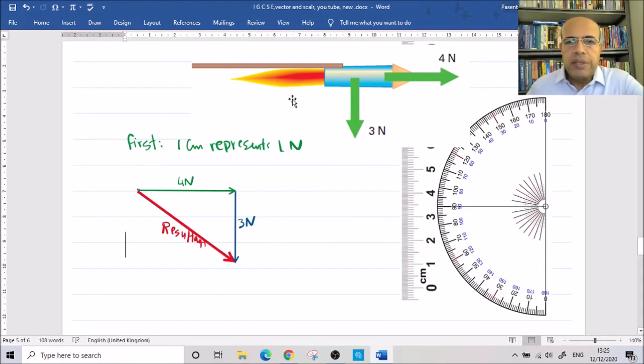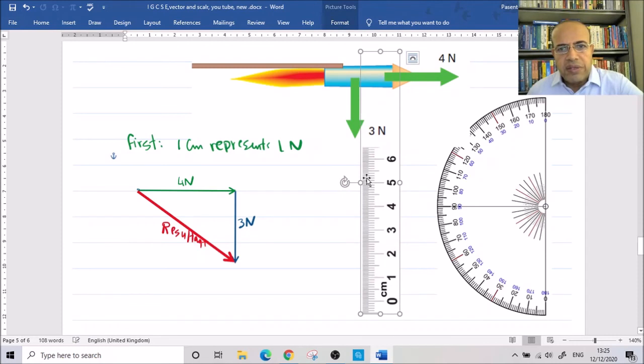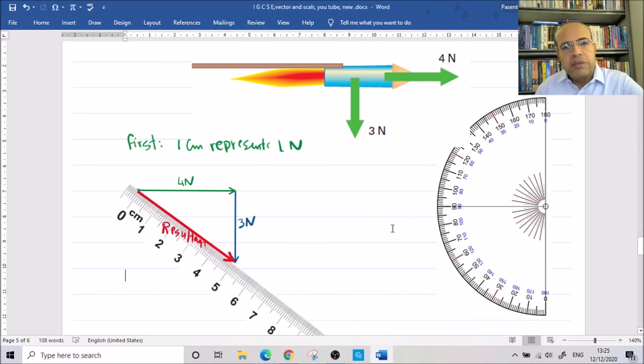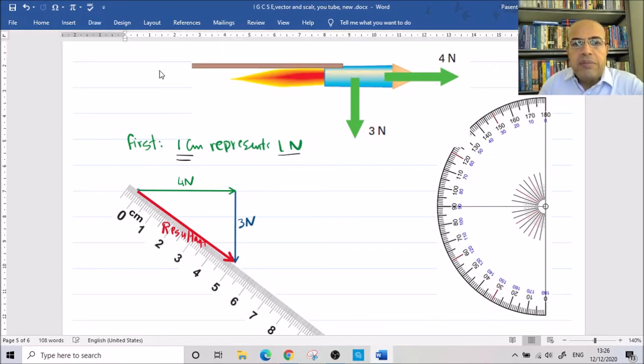Now we use the ruler to get the length of this resultant vector. The length is 5 centimeter. We say each 1 centimeter represents 1 Newton, so the resultant is 5 Newton.